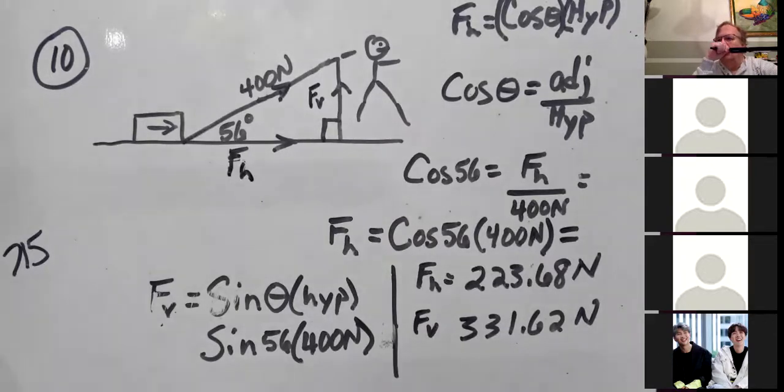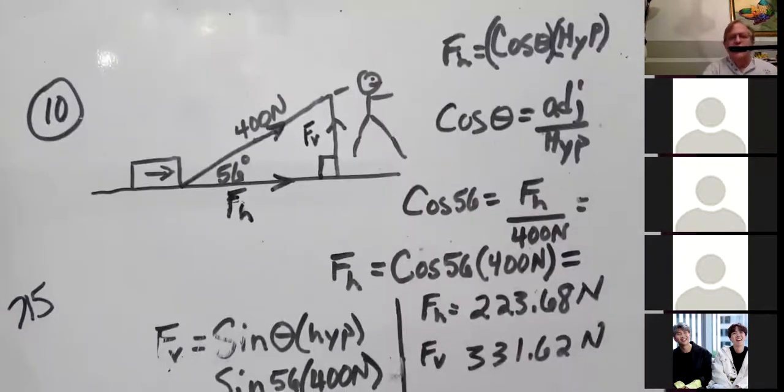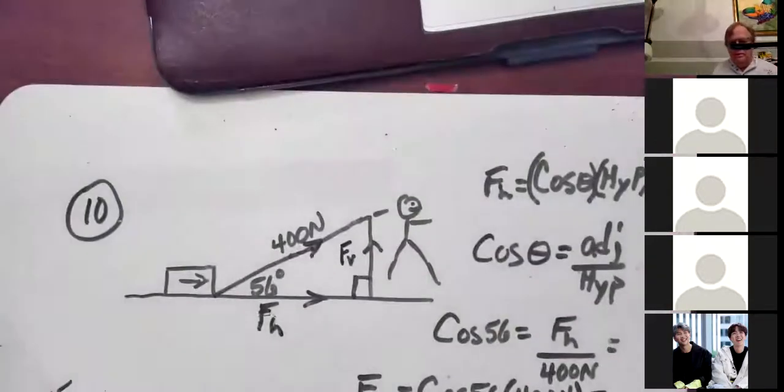Okay, it says due to friction, a force of 400 newtons is needed to drag a wooden crate across the floor, and we just have to figure out the force to move the crate. All right, what does the last part say? It says what work is done if the crate is dragged 25 meters. Oh, work. Okay, we're not finished with the problem yet.